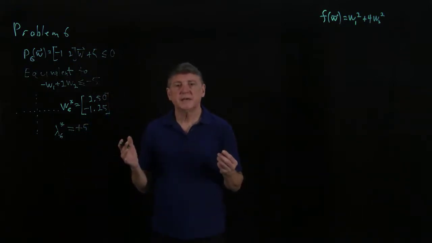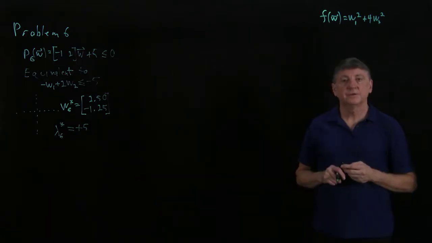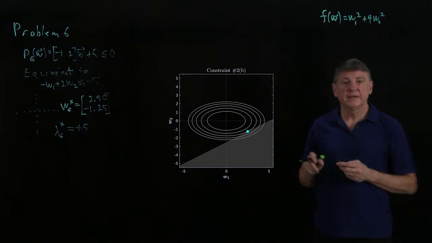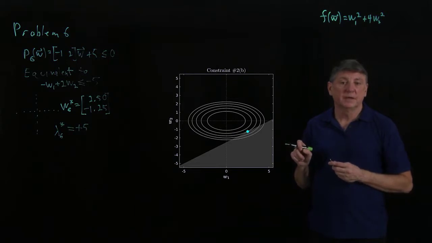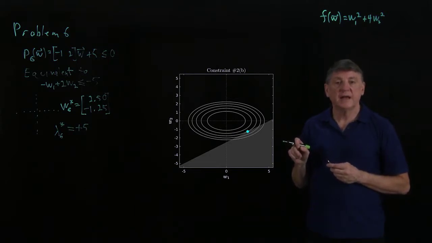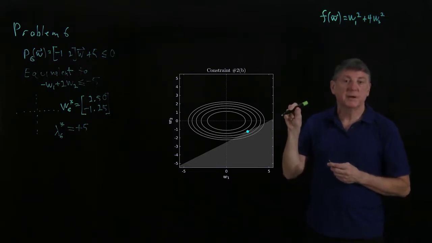Now, let's take a look at the geometry. The geometry of this problem is that this shaded region is the feasible set, and a point that's an interior point in this feasible set would not have an objective level that is as small as if it was on the boundary.